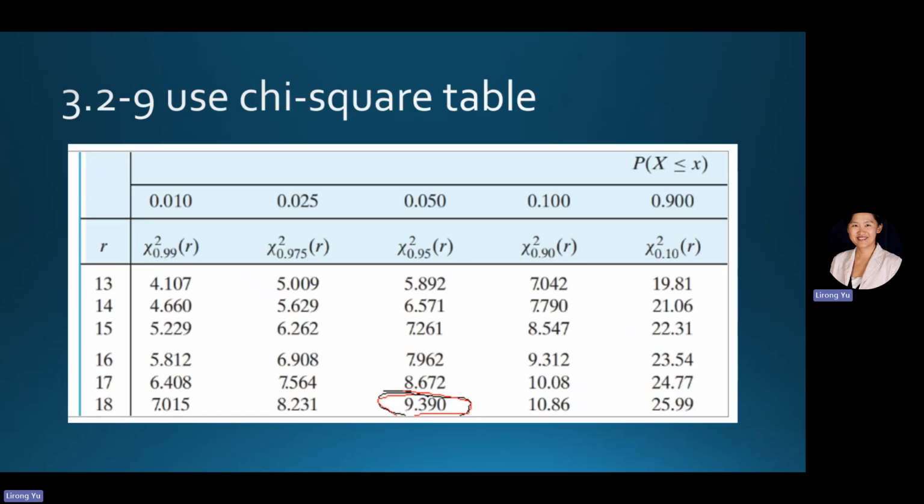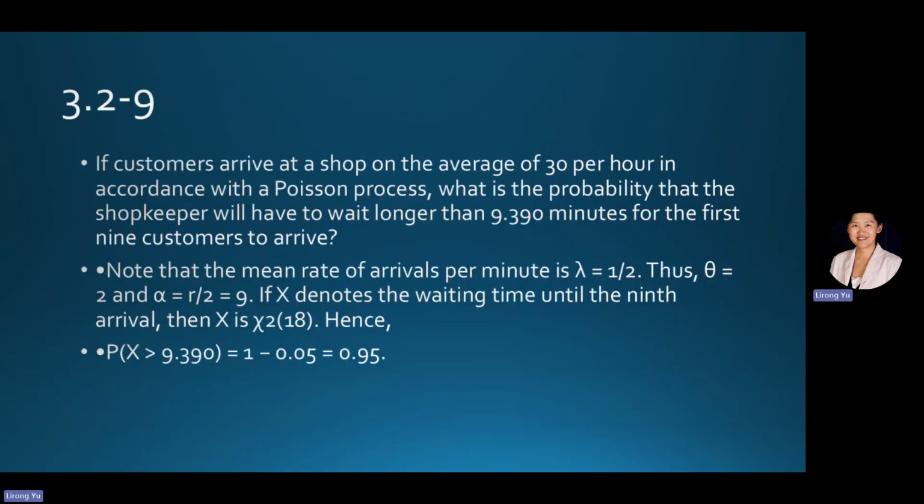We pull out the chi-square table, look at row 18, and then the value 9.39. That's in the 0.05 column. So the probability to be more than 9.39 is 0.